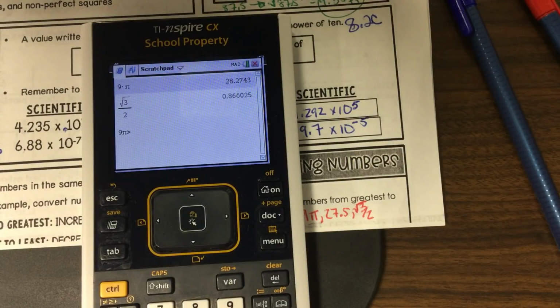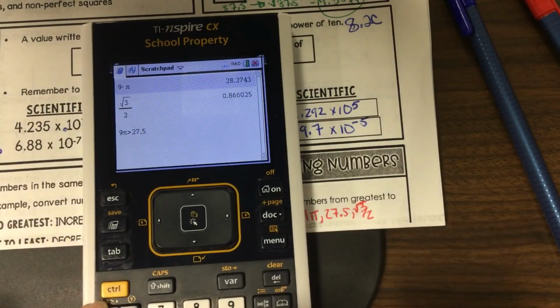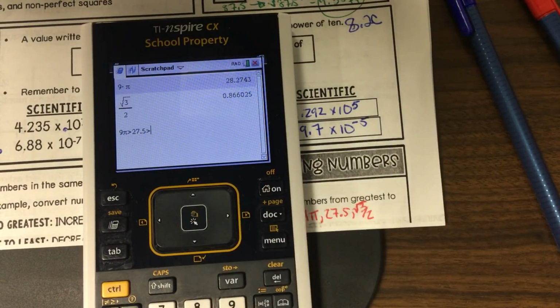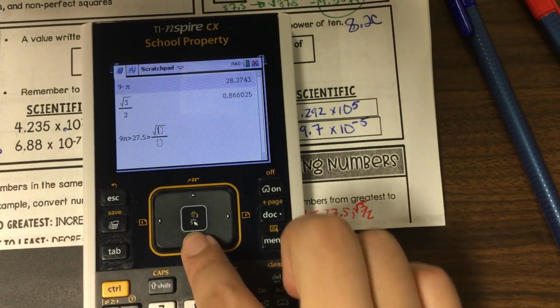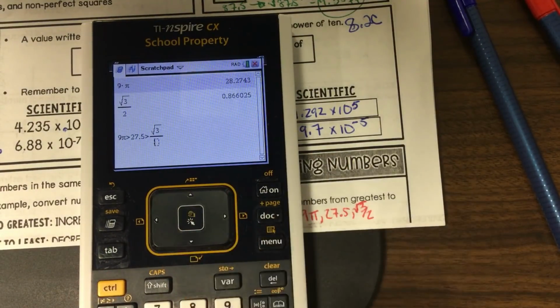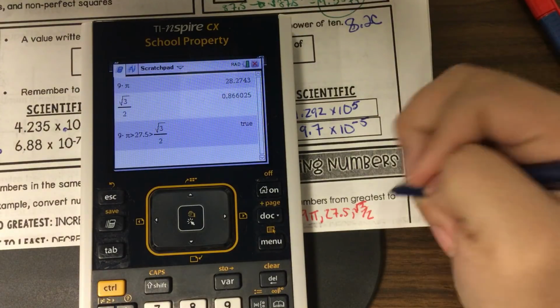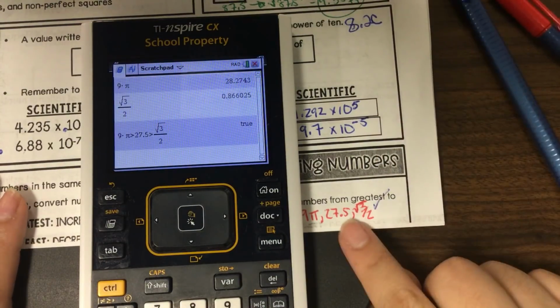We're going to type that one in next. Then my next number, 27.5. And then our greater than symbol again, control equals greater than. And then the last one, the square root of 3 over 2. And if I ordered them correctly, it should say true. If I had messed up in my ordering, it would have said false. So this is true, so I know that this one is ordered correctly.